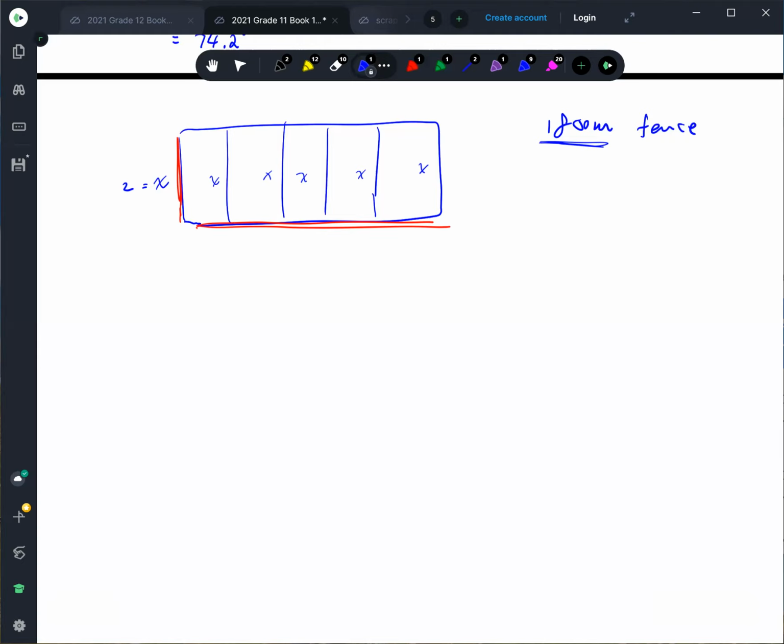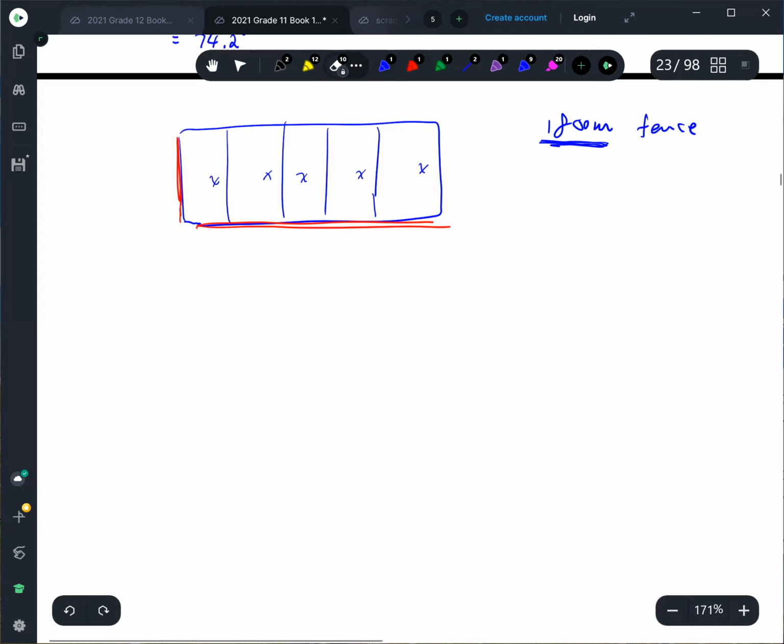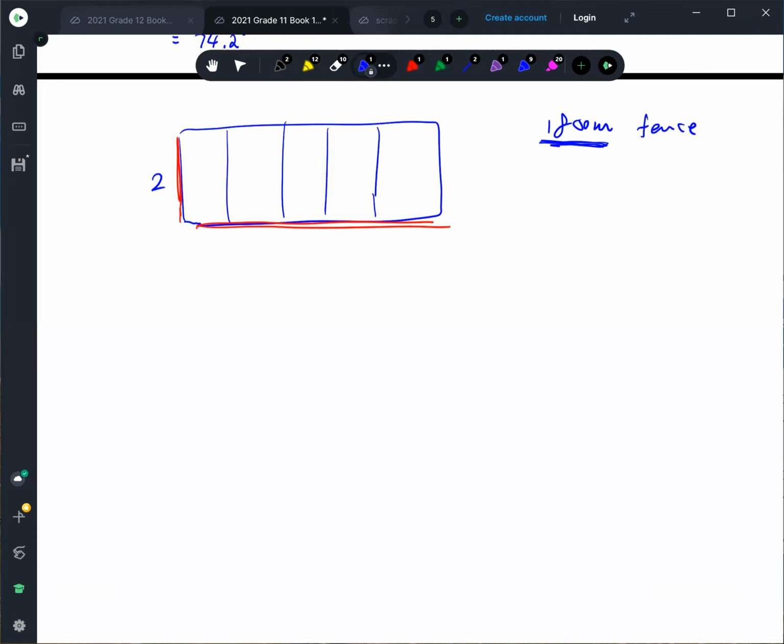No. Let's say the total fence material is 1800, right? So if I make the width 2 meters, then for each fence it's all 2. Then how long can you make this length? How long is this side and this side? How much material is left so you can fence the upper side and the lower side?